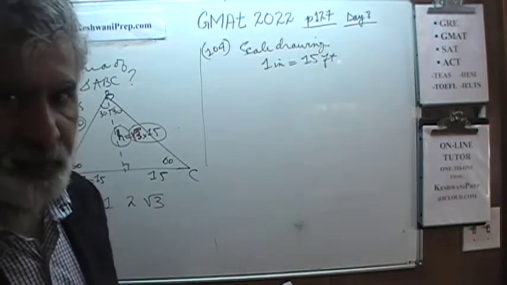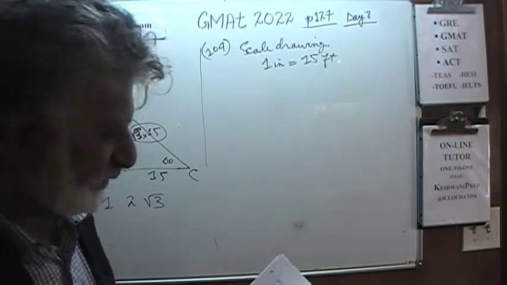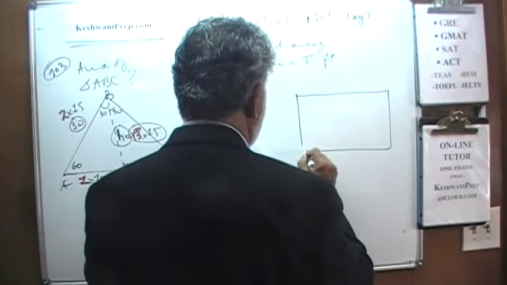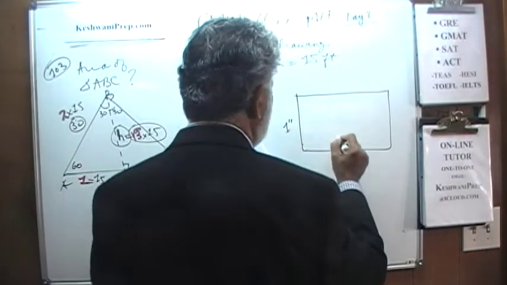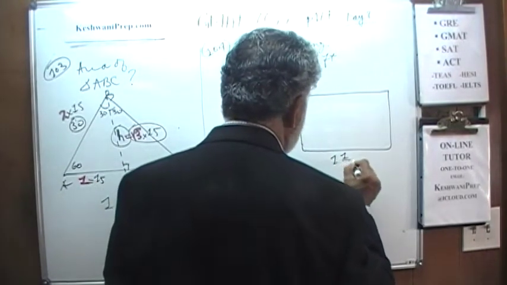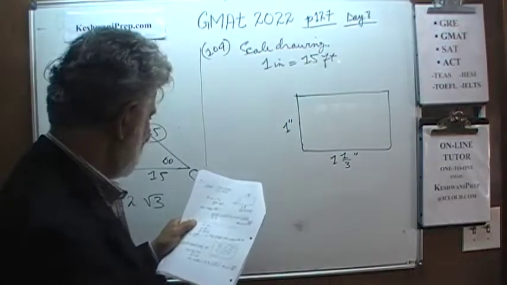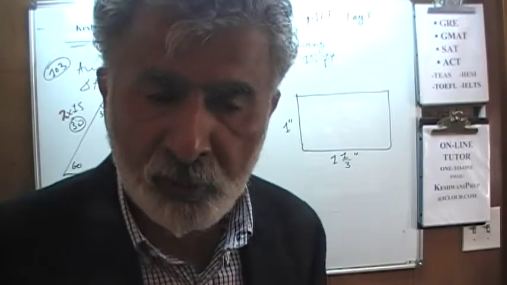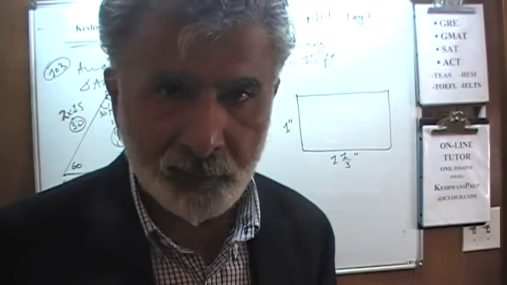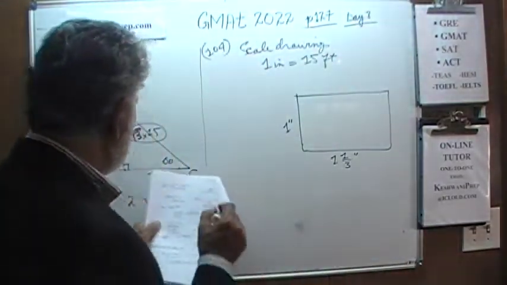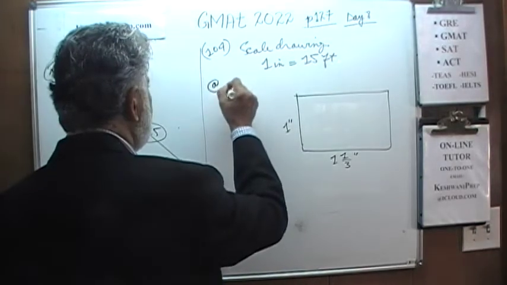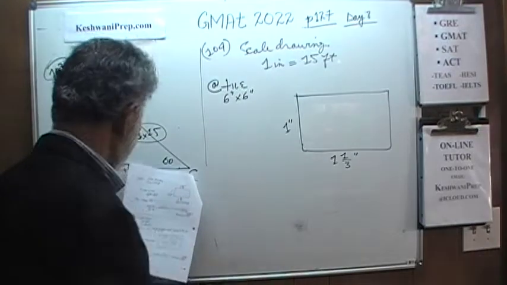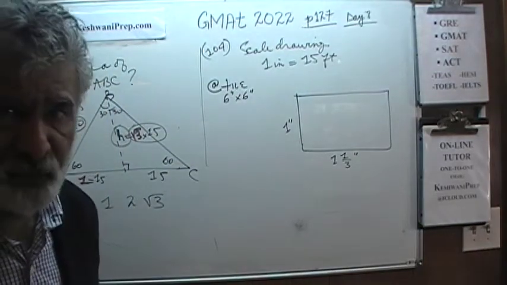We have a blueprint where the scale is 1 inch represents 15 feet. And it looks something like this. 1 inch by 1 1/3 inch. This is a drawing of a floor, and we're going to tile it. The tiles that we're going to buy are, each tile, we are told, 6 inches by 6 inches. The question simply is, how many tiles do we need to buy?